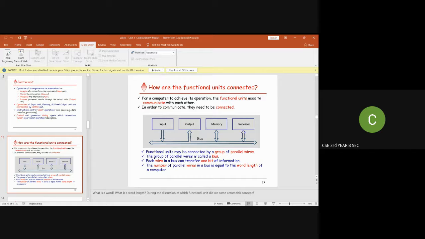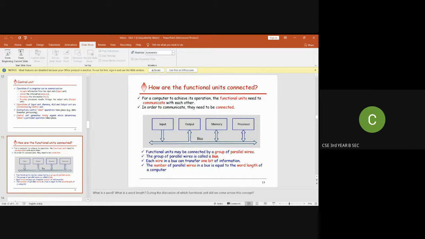For example, if your bus is capable of transferring 32 bits at a time, inside the bus there must be 32 wires, a bunch of wires. Okay. So this number of wires in a bus is equal to the word length of a computer, right? So already we have seen what is word and what is word length.